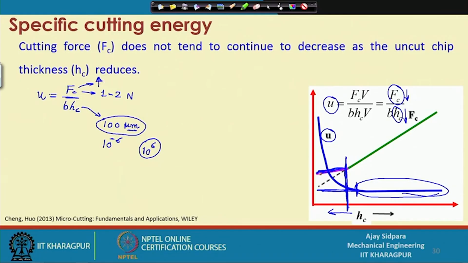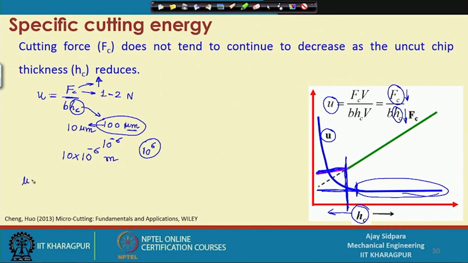So, that is what is happening once you cross a one particular limit of reduction of the uncut chip thickness, and your HC also reduces, but SC is in denominator. So, now if you consider this is going from 100 to 10 micron. So, basically it is 10 into 10 raised to minus 6 meter, correct.